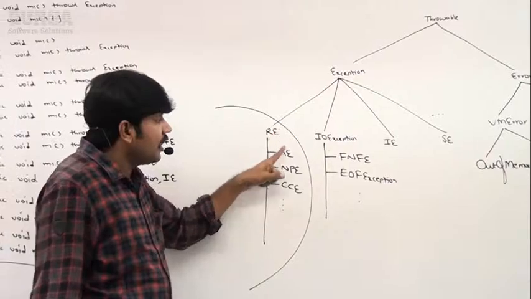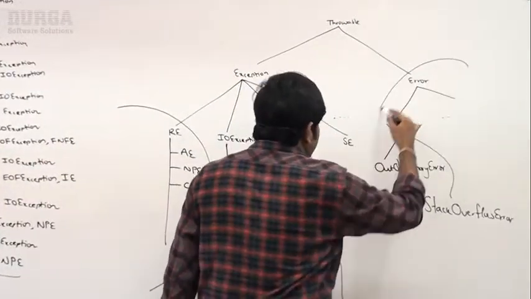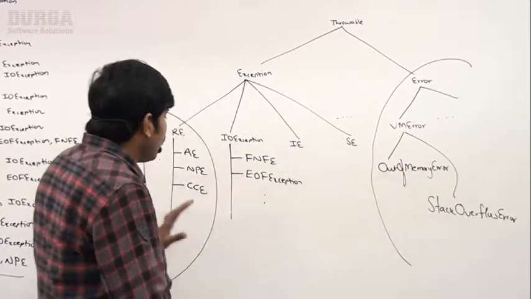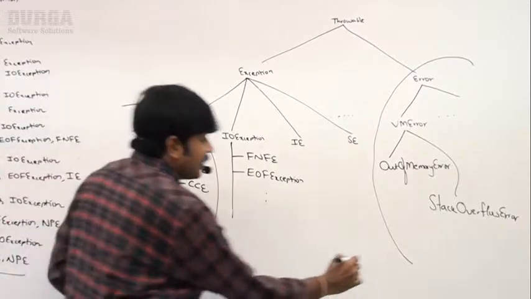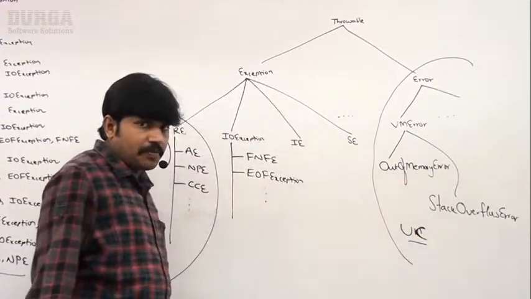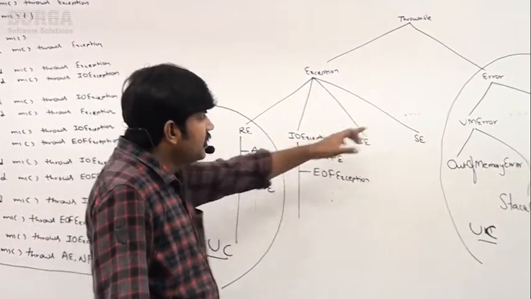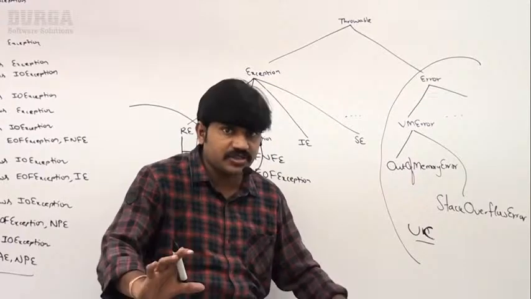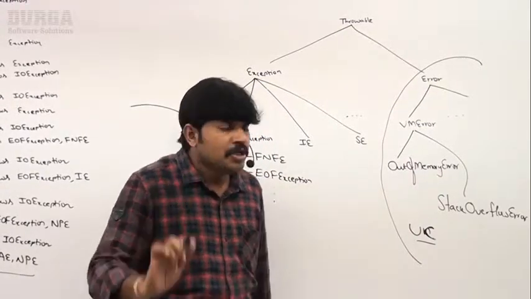Runtime exception and its child classes, error and its child classes are unchecked. Let me repeat again. Runtime exception and its child classes, error and its child classes are unchecked. The compiler is never going to check whether you are handling them or not.